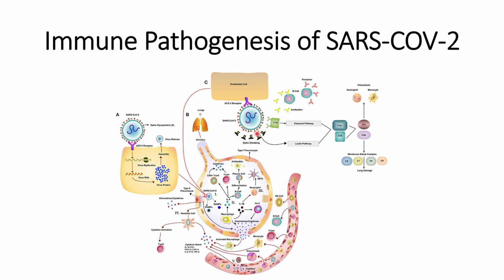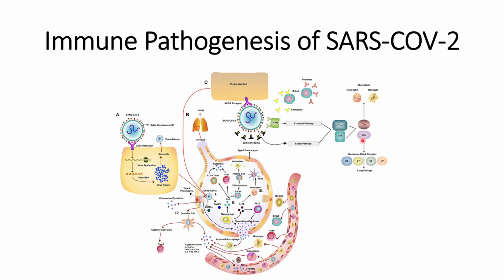When the new SARS-CoV-2 virus is trying to enter the endothelial cells and the antibodies against SARS-CoV-2 are present, it will trigger an immune response through different pathways such as the C1q pathway, the classical pathway, or the lectin pathway, and both of them converge to C3a and C3b, and C3a and C3b lead to the formation of C5a and C5b.